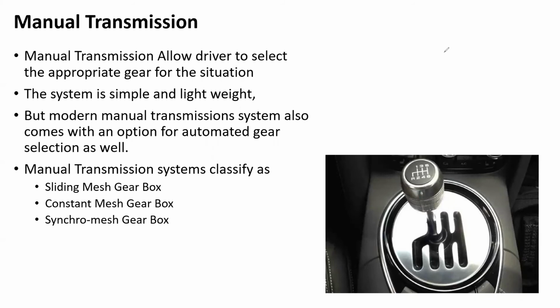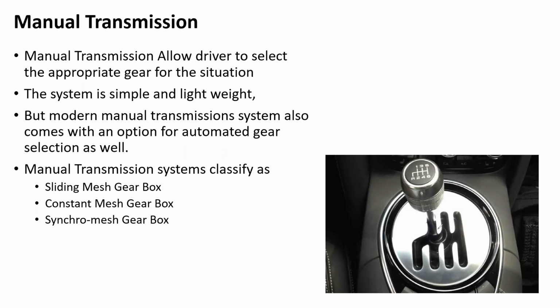Anyway, manual transmission, as we have already discussed during the practicals also, we have the sliding mesh gearbox, constant mesh, and synchromesh gearbox. The image shown here is actually known as a gated transmission. In this sort of arrangement you can see it's like a gate over here, right?